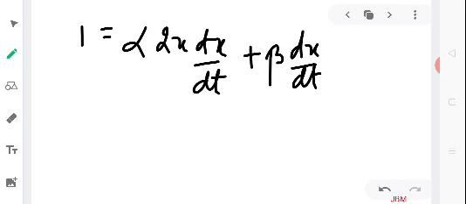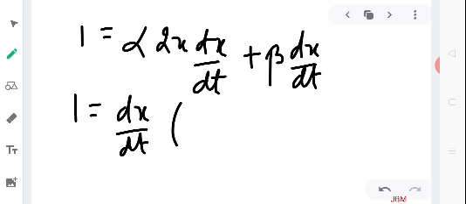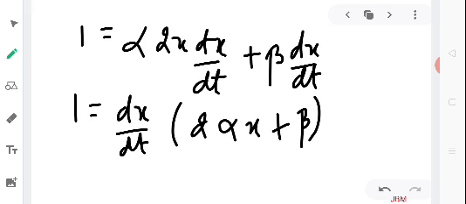So if you take out dx by dt as common, you will get 1 equal to dx by dt, in brackets you will have 2 alpha x plus beta, or you can write down dx by dt. Now dx by dt is what?